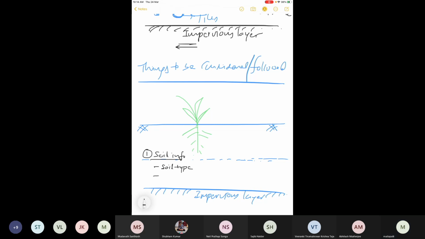And then aquifer characteristics, what kind of aquifer the area has, and then groundwater quality. So these things you need to consider first.